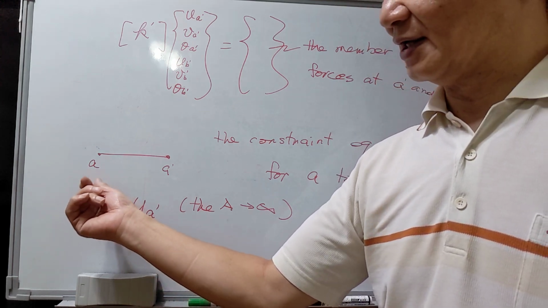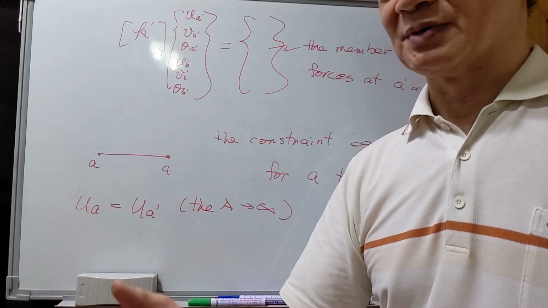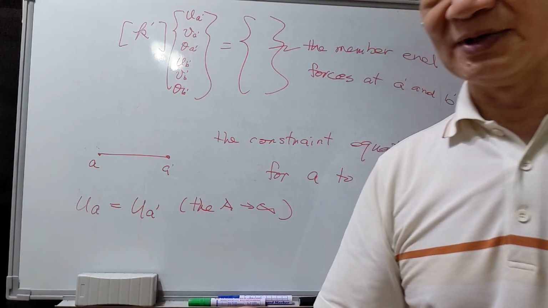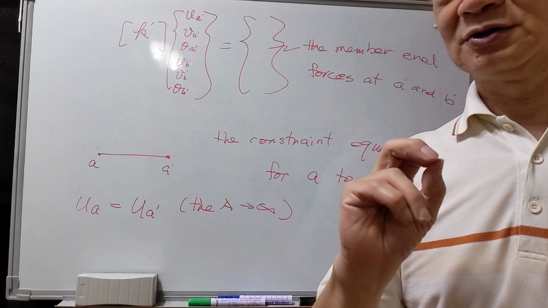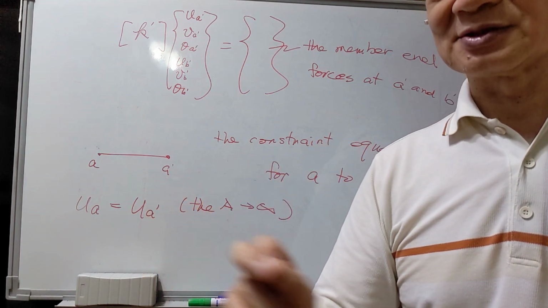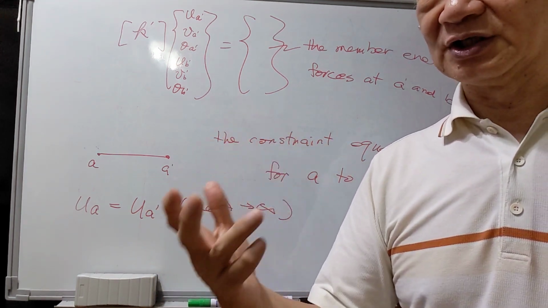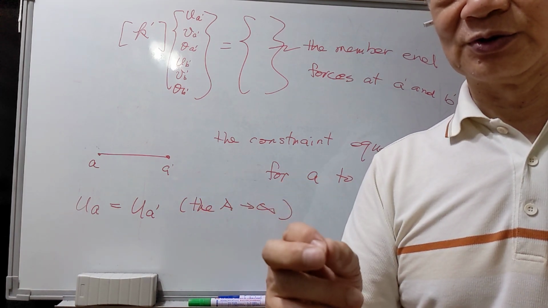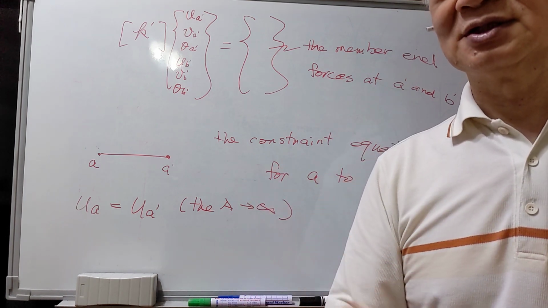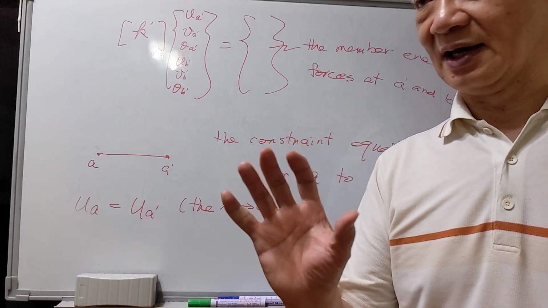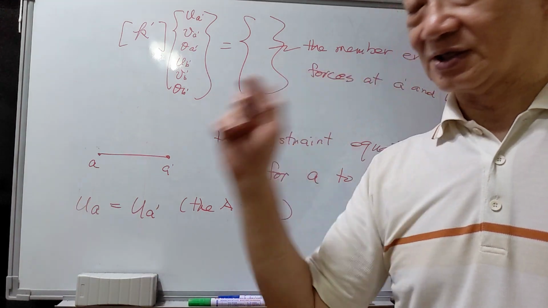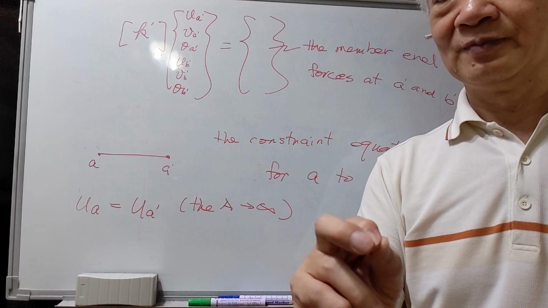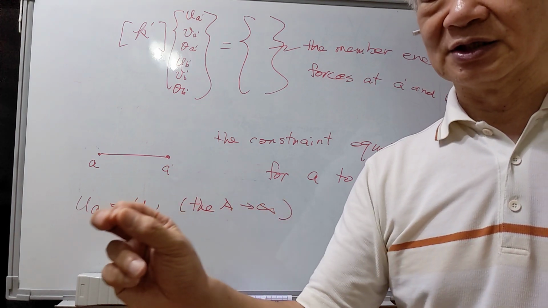Although I hate to add the prime again, remember, where we are talking about the U displacements, they are referred to the local x prime axis. But I have already used the prime to refer to the internal, center part of the element. So I didn't add the prime for the displacement component. But remember, here we are talking about UA and UA prime.